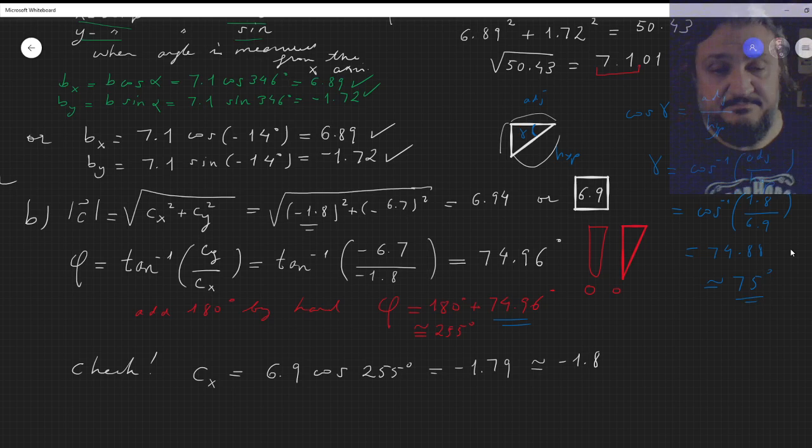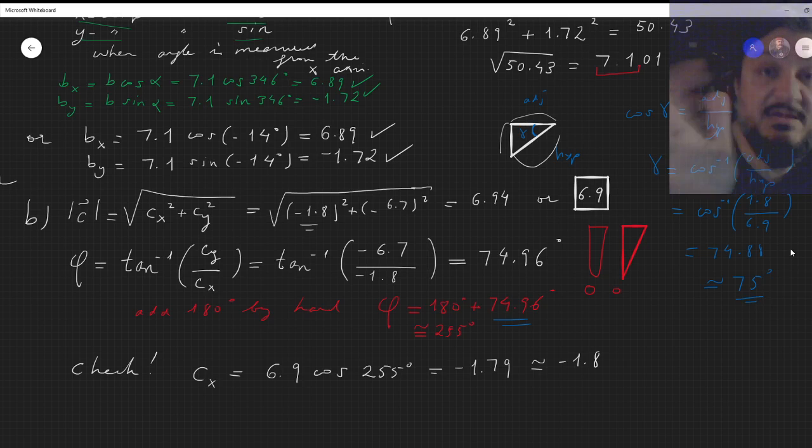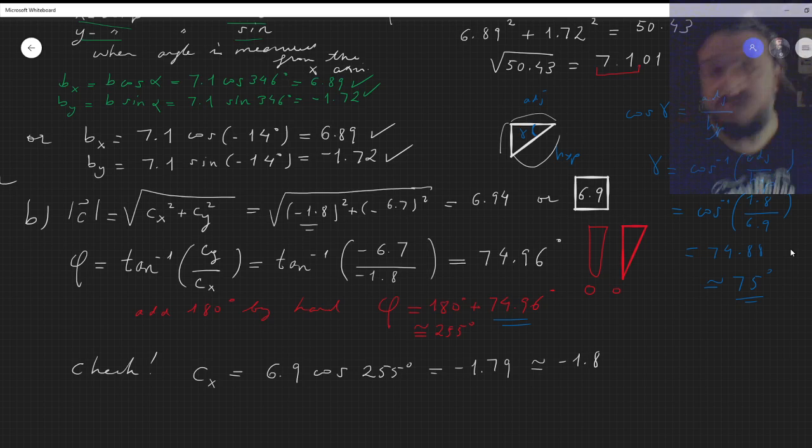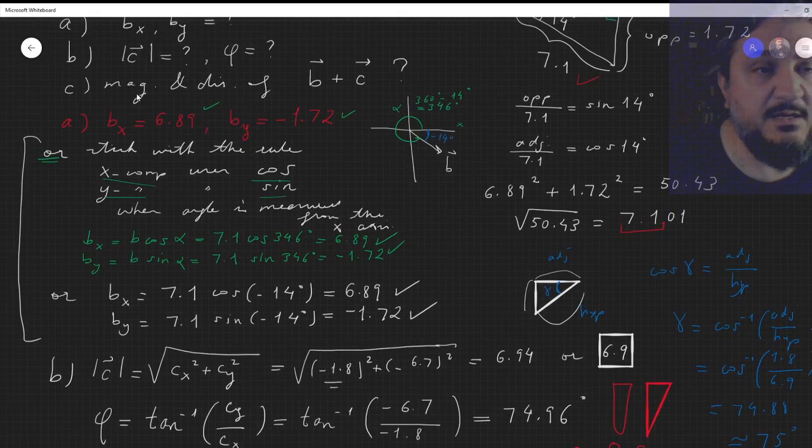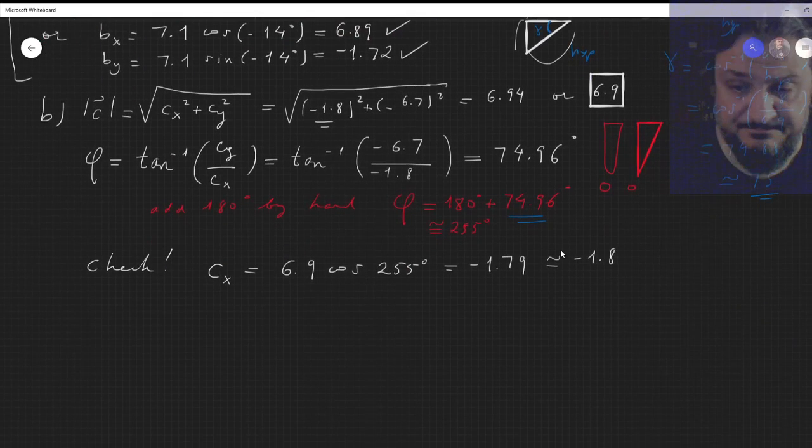So you can use arc cosine if you don't want to use arc tangent. As long as you know what you're doing, you have many ways, you have alternatives. Of course, you're not going to spend this much time on just one problem, but I wanted to show you all the options. Hopefully, oh, there's one more, we're not done yet. So part C, find the magnitude and direction of B plus C. Okay, let's do that.